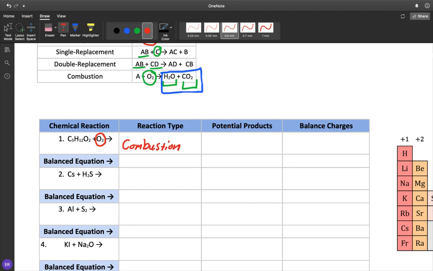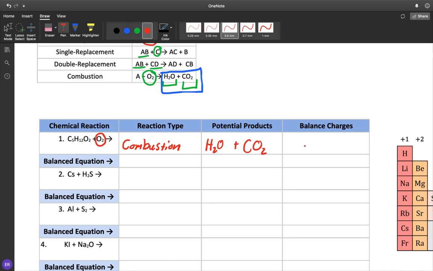Okay, and then potential products. I'll show you how this is different in the other ones, but for now, our products are going to be automatically which ones? H2O and CO2. Okay. And then balance charges, we don't need to balance charges for H2O and CO2.